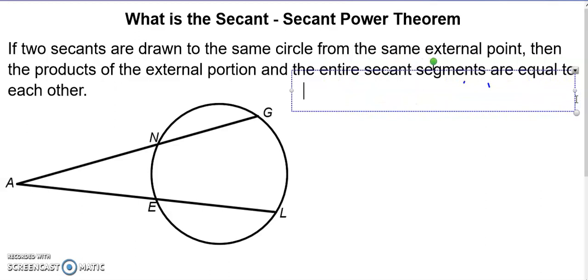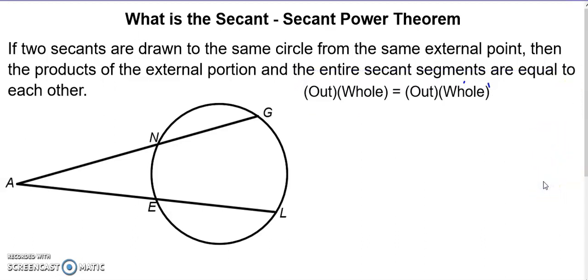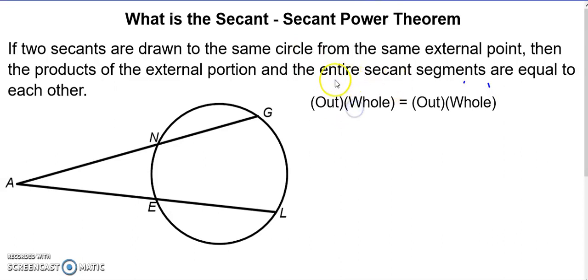The rules are a little confusing, but what we are going to do is take the length of the outside and multiply it by the length of the whole secant segment, and that is going to equal the length of the outside of the other secant times the length of the whole part of the second secant.